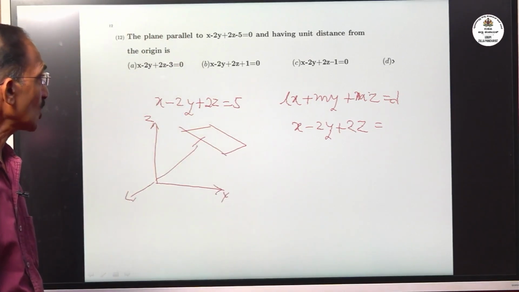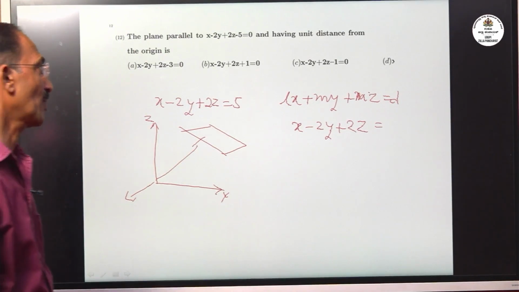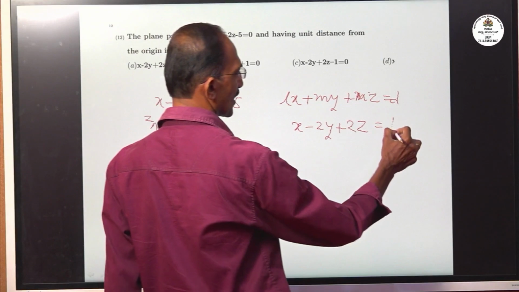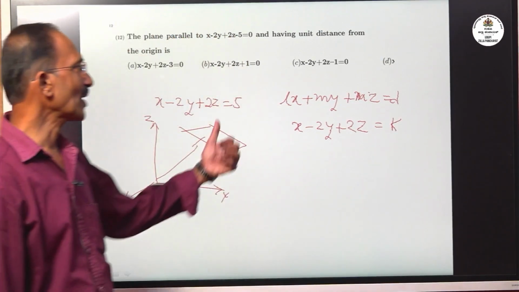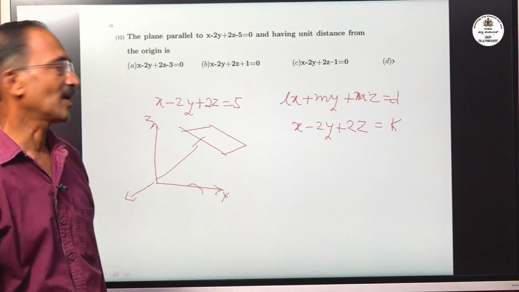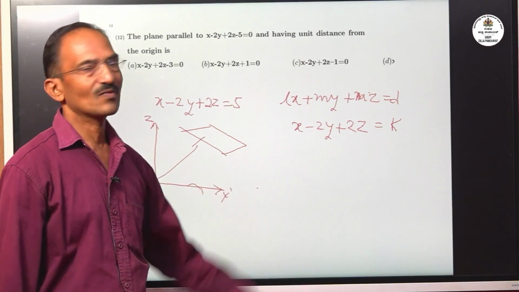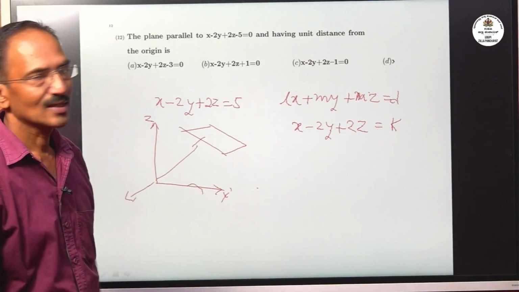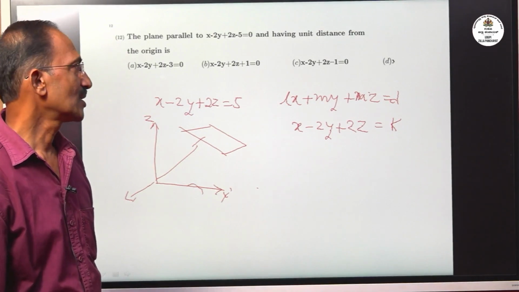It is parallel to the plane, but it is at unit distance from the origin. So you consider k as a number, which is also a plane parallel to the same plane. Instead of writing 5 you write k. Now these coefficients of x, y and z should be our direction cosines.